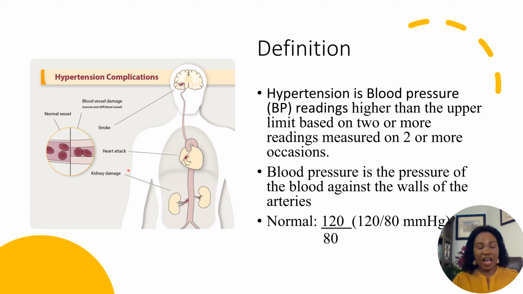Okay, so these are the arteries. The normal blood vessel, which contains the blood that leaves the heart, should have thin walls. The walls are pretty flexible, thin walls. Okay, so normal blood pressure, we are saying, is 120 divided by 80. We are going to go in and describe what these numbers represent.